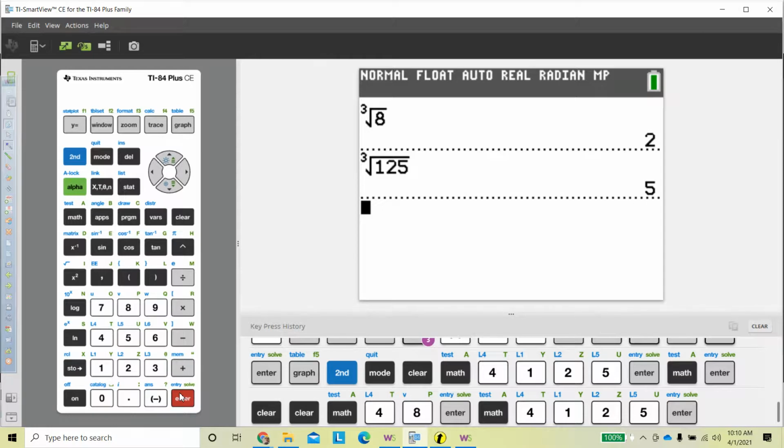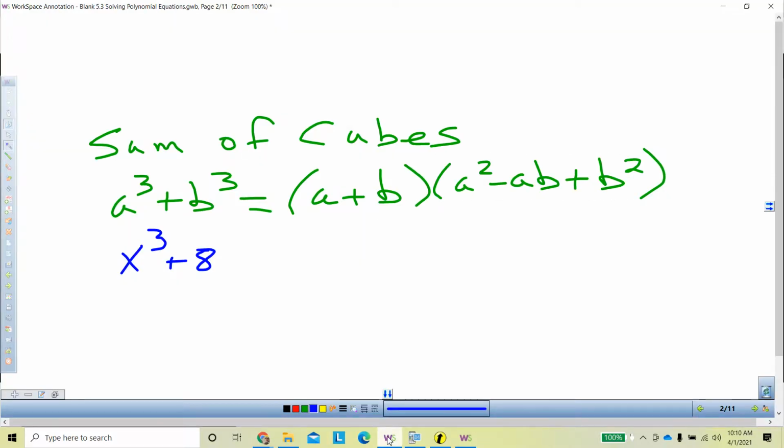So if you need to write that down because you forget that kind of stuff with the calculator, to cube root, math number 4. Okay, so cube root of x cubed is x. Cube root of 8 is 2.